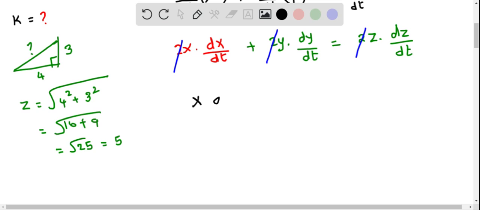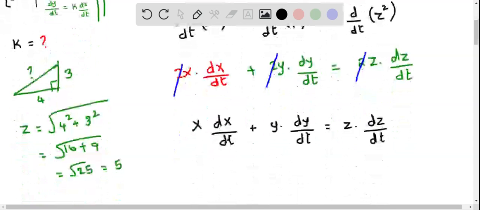So basically we have x times dx over dt plus y times dy over dt equals z times dz over dt. We know the values of x, y, and z as 4, 3, and 5. So here we substitute 4, and here we substitute 3, and for z we substitute 5.